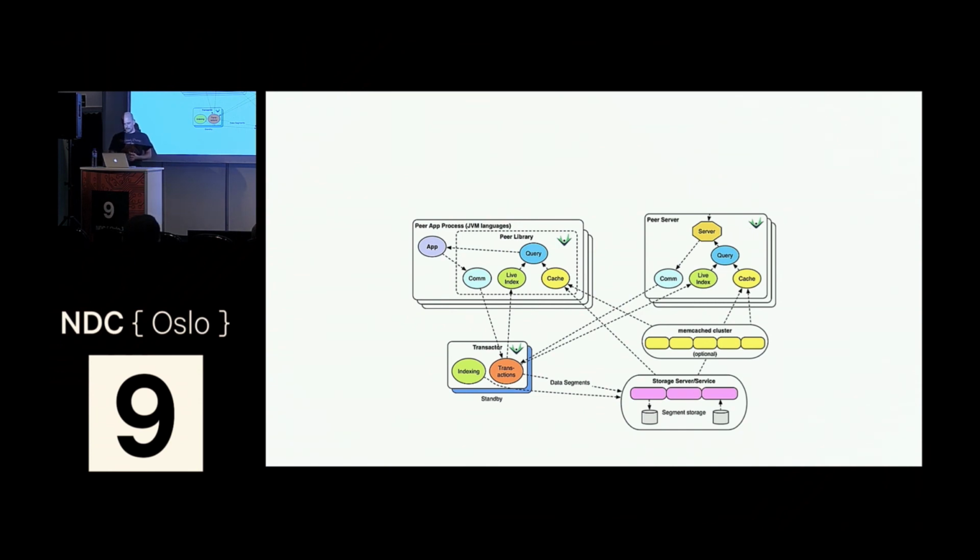The peer server is an alternative if you are not on the JVM or for some other reason you don't want to run the peer inside your application process. And it's basically the same thing, except that it exposes an HTTP REST API so you can talk to it. And then you will find client libraries for a multitude of languages which can talk to that HTTP API. So the examples I will be showing you here today will be with Clojure with the peer process running.